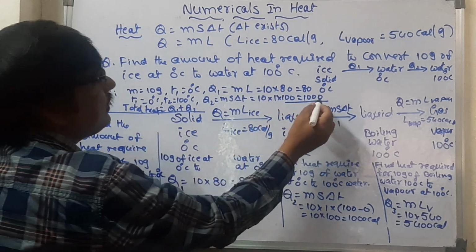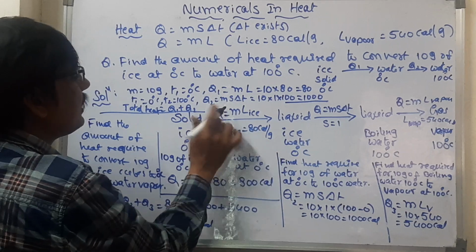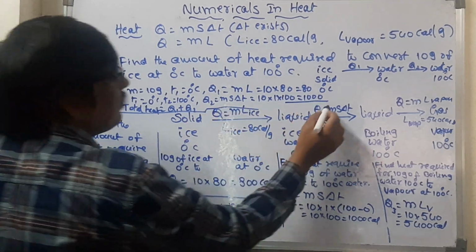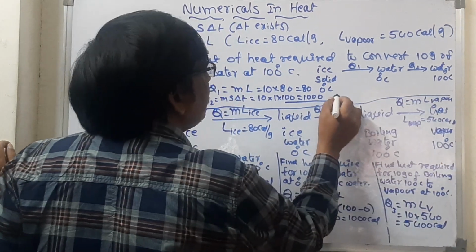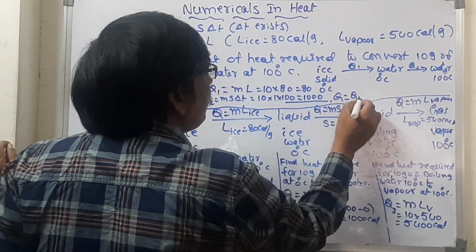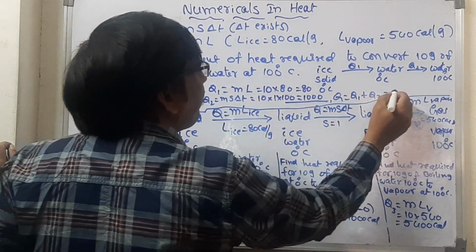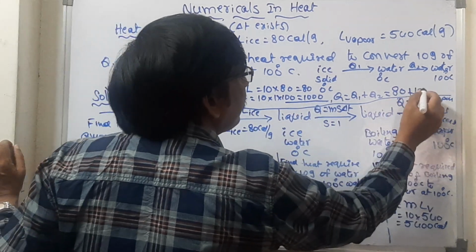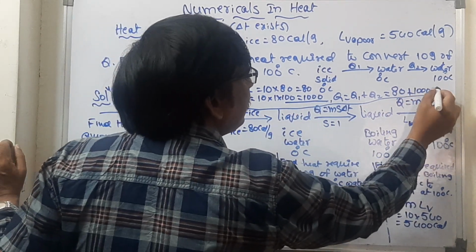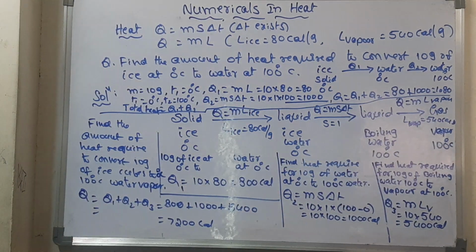So I will write here itself: Q is equal to Q1 plus Q2, that is equal to the Q1 value, how much is that? 80 plus the Q2 value, how much is that? 1000. Ultimately how much will you get? 1080 calories. Okay? In this way we can do any sort of sums.